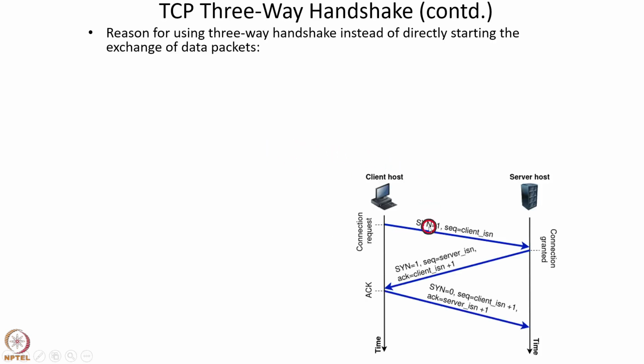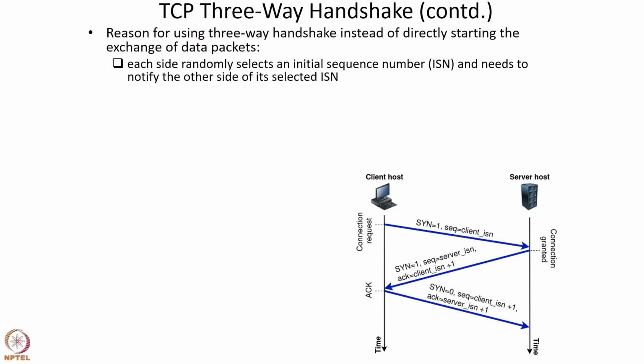So now let's analyze this three-way handshake. What is the reason for using a three-way handshake instead of directly starting the exchange of data packets? Each side randomly selects an initial sequence number or ISN and needs to notify the other side of its selected ISN. So this is the process of synchronization.